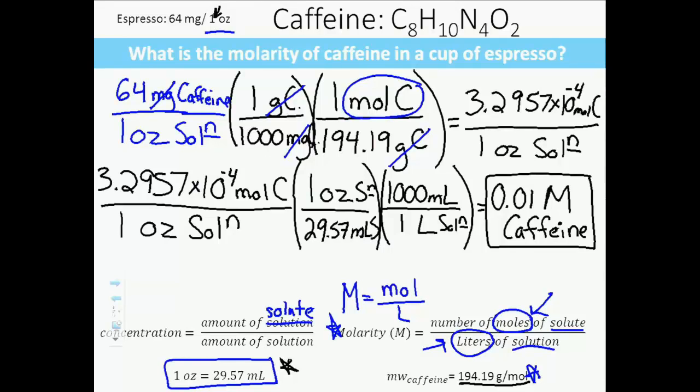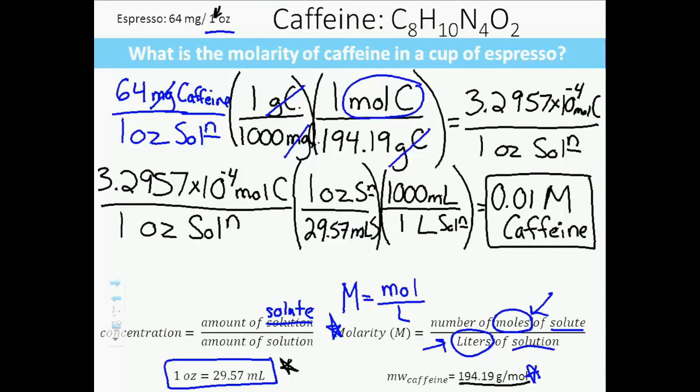So whenever you are asked the question, what is the molarity of, it can be any solute in any solution, you first have to look and see what you're given. So in this case, we are given 64 milligrams. We needed to convert that to moles. Then we also have for our solution, it was in ounces. We needed to get that in liters. So notice, did I do that wrong? Well no, we did that right.